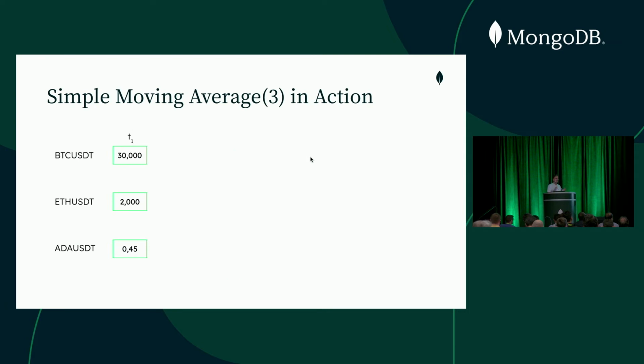So let's see moving average in action, okay? If you already know it, maybe it could be a bit boring for you, but I would like to explain this. So here on the screen, you see 3 cryptocurrencies: Bitcoin, Ethereum, and ADA, okay? And we will calculate a 3-day moving average for these 3 cryptocurrencies.